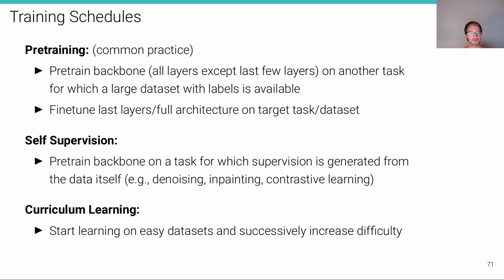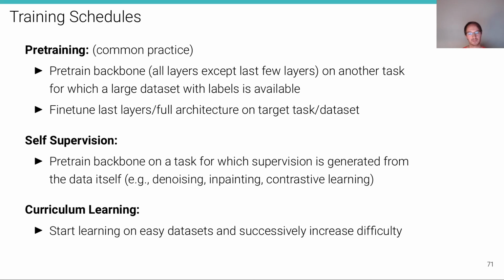And then there is curriculum learning, which for some tasks such as optical flow estimation is also extremely important. It depends on the task if you want to use this or not. And the idea of curriculum learning is that we start with learning on some easy data sets and then successively increase the difficulty in the data.